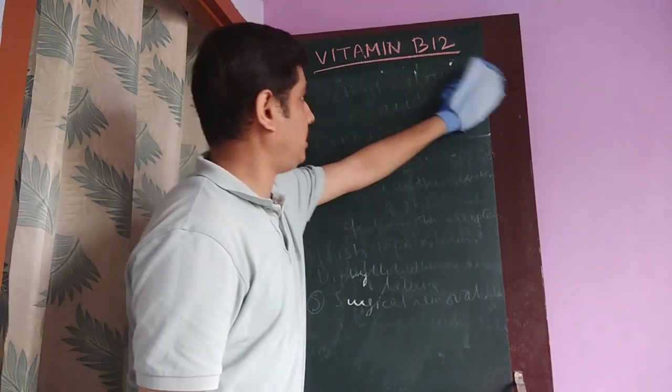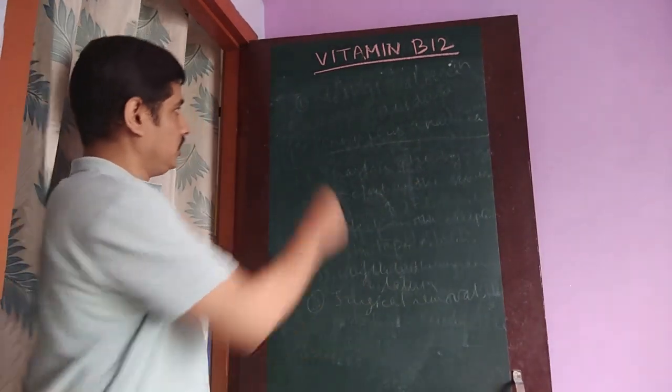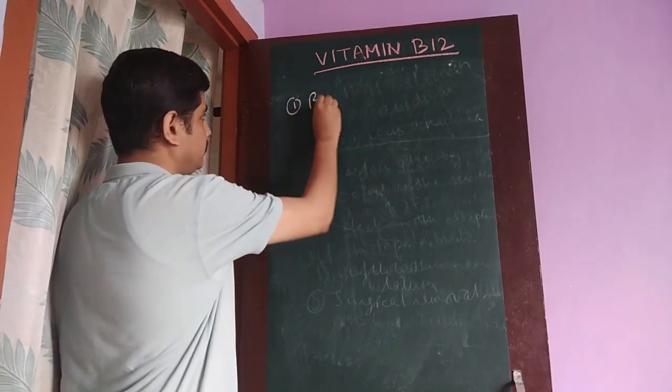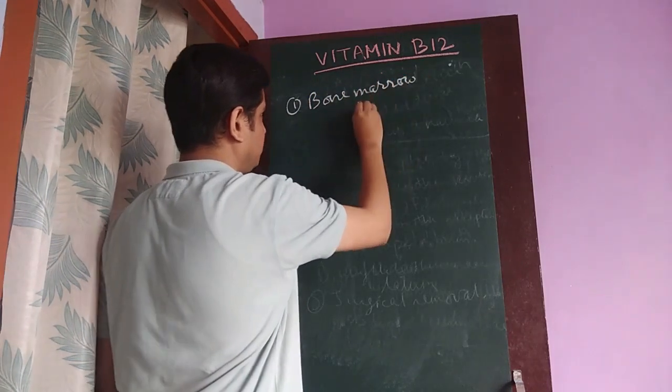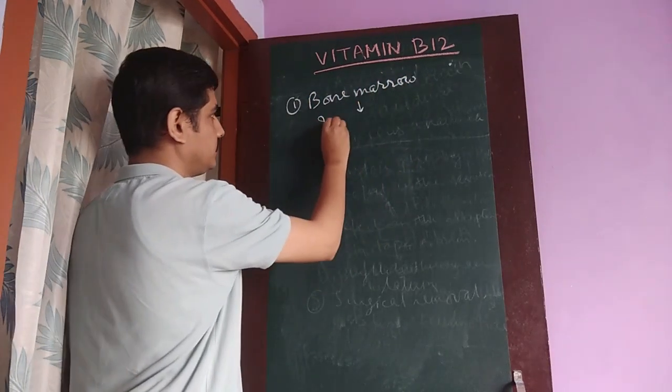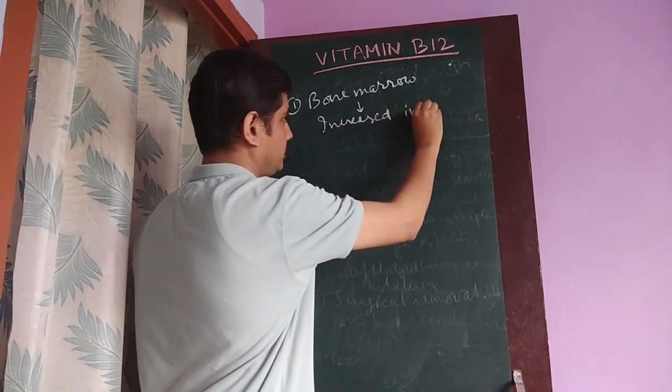Now, what are the findings we get in pernicious anemia? Number one is the bone marrow findings. In the bone marrow, what we get is increased immature blood cells.